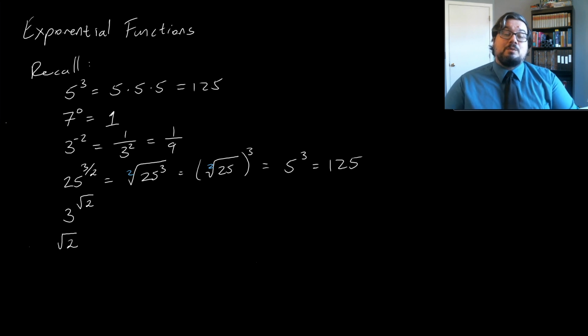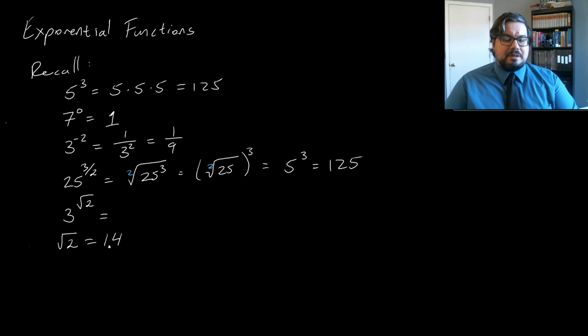First of all, note that when you're working with a calculator, you can usually just plug expressions like 3 raised to the square root of 2 into the calculator and get an approximation for it. But in order to understand how that approximation is arrived at, let's look at the process.